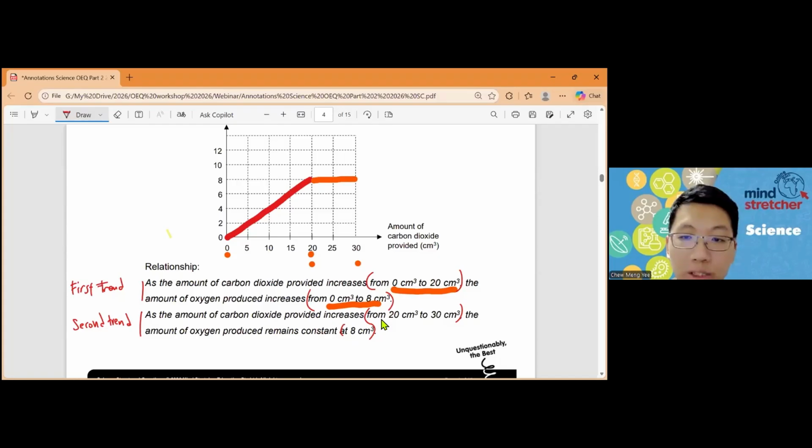So you need to state all these values, from where to where, from what to what, so that it becomes very clear. All these can be found in your graph or your table, and you need to state all of them, if they are provided. If they are not provided at all, then of course that's okay. You can say that as the amount of carbon dioxide provided increases, the amount of oxygen produced increases, then remains constant.